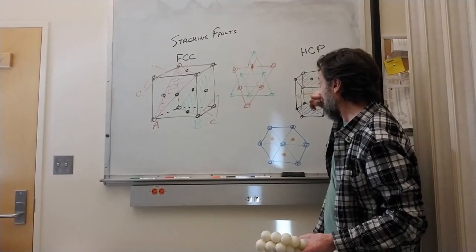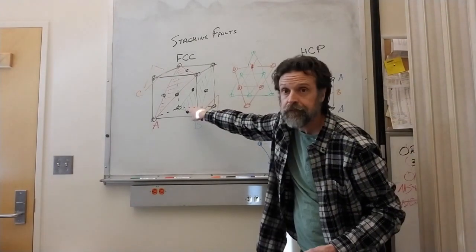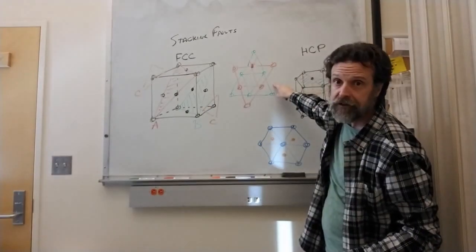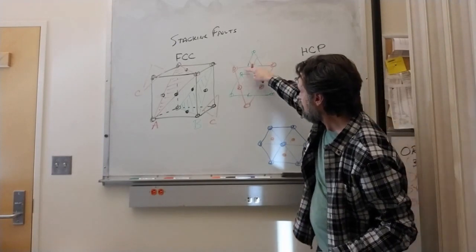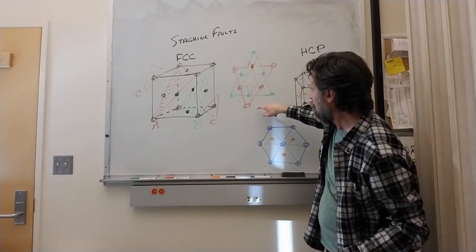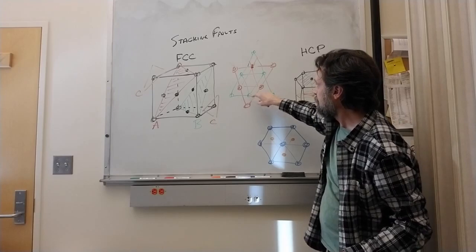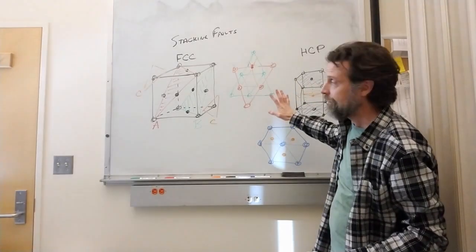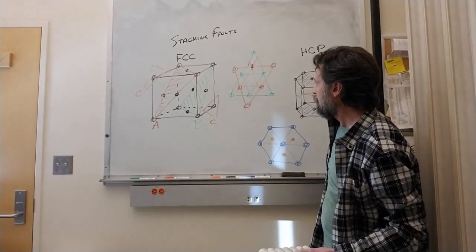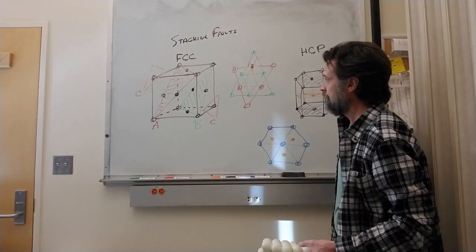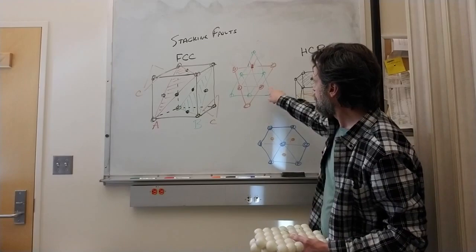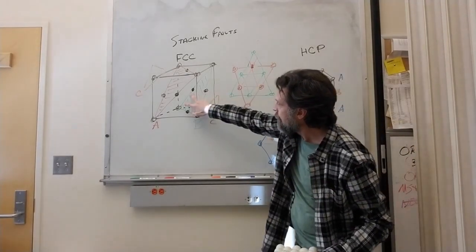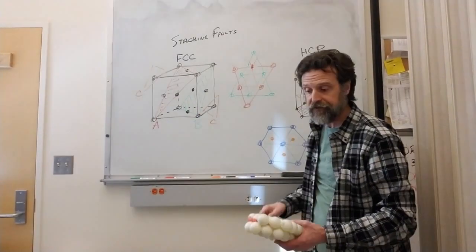And then I drew the green plane also on top of it, and you notice that where I've got the red plane, I have holes. Well, I only cover half of the holes in the hexagon, and I fill those with green atoms. And that's how this plane and this plane stack on top of each other.